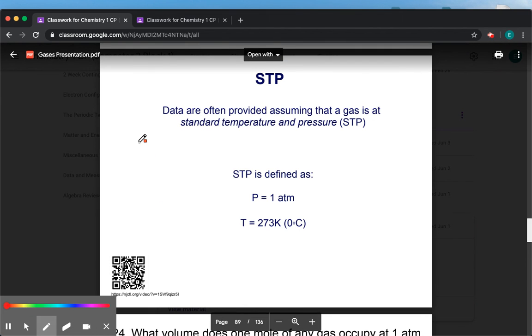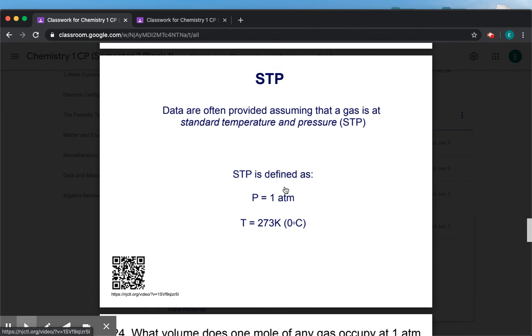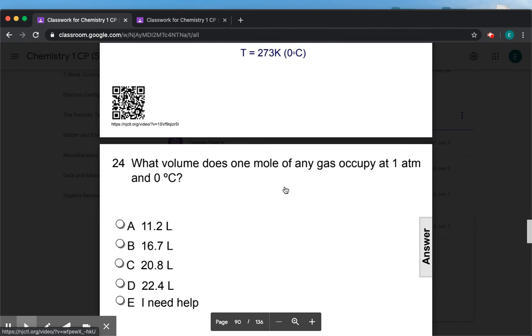Remember room temperature is 25 degrees Celsius, so don't confuse room temperature and standard temperature. Standard temperature is 0 degrees Celsius, which converted to Kelvin is 273. So standard temperature and pressure means 273 Kelvin and 1 atmosphere.